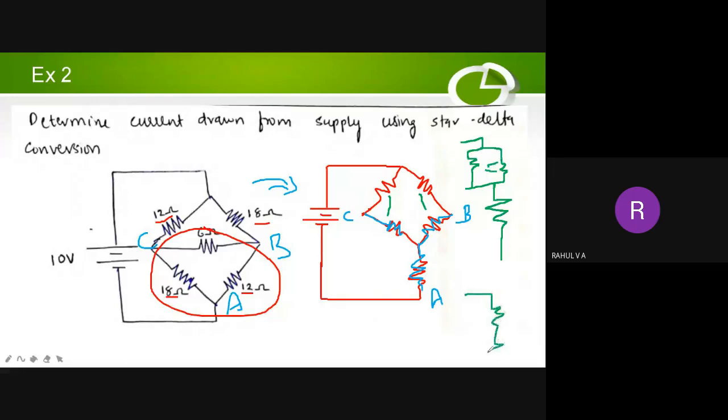That single resistor is in series with the last resistor. So if I add, I will get the equivalent resistance, total equivalent resistor. But the problem is not over. It is not the question to find out the equivalent resistor. It is the question to find out the current. Now you will be getting a final resistor here. There is a voltage source 10 volt. If you divide the voltage source with that resistance value, you will be getting the current.